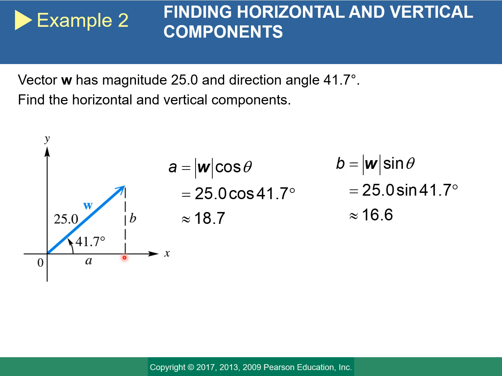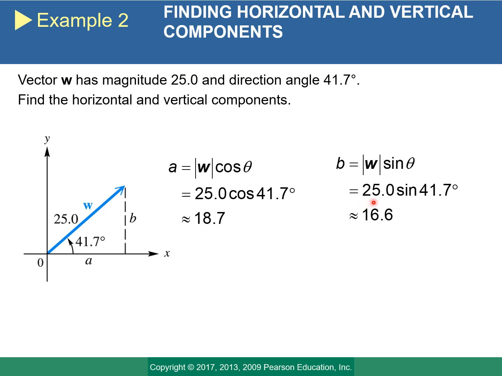And then same thing with your vertical component, but this time using sine. If you forget these formulas, just remember they come straight from what the trig functions mean. Sine of my angle, 41.7, is equal to the opposite side over the hypotenuse, and then you can solve for the opposite side.